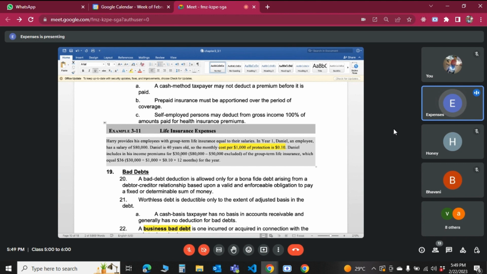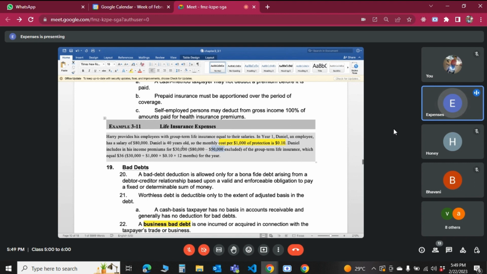So what they're saying is he has to include in his income premium of some $36, because up to 50,000 the employer can pay for all the expenses and there's no perquisite to the employee. But after that, the employee has to pay. This is something we see in India also, that for 1 lakh rupees of protection, maybe you need to pay 1,000 rupees or something like that.